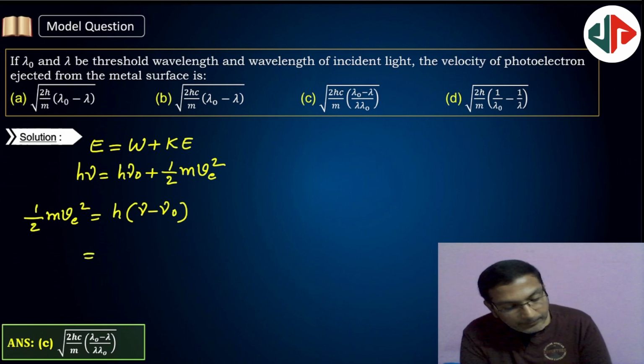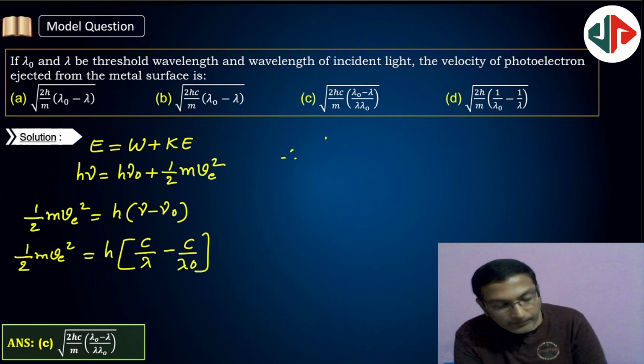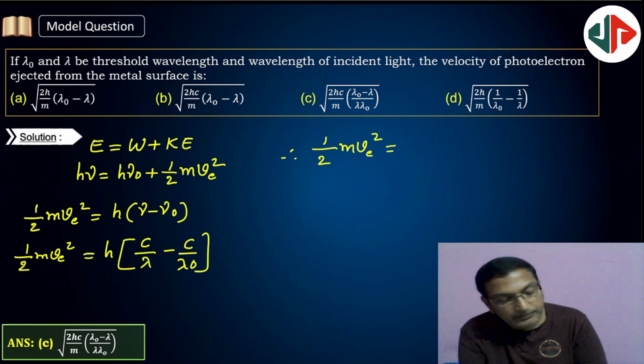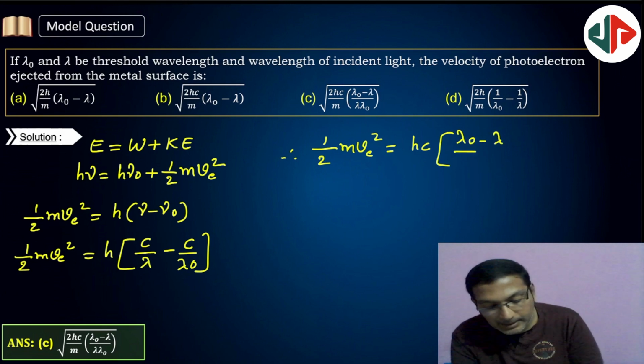So from this, h into nu. Nu is again c by lambda and c by lambda naught, half of mv square. So therefore v square equal to hc into 1 by lambda minus 1 by lambda naught, that is lambda naught minus lambda by lambda into lambda naught.